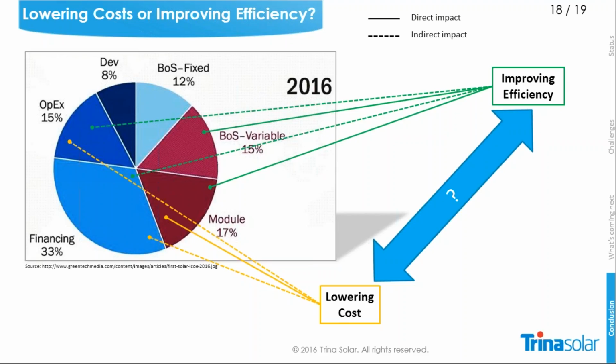For example, there are different kinds of players in the market, tier 1, 2, and 3, and maybe you have selected a very cheap product from a tier 2 or 3 player where you don't know the quality of the product. Then yes, you have lowered the cost because you procured the module for a low amount of money, so you paid less.